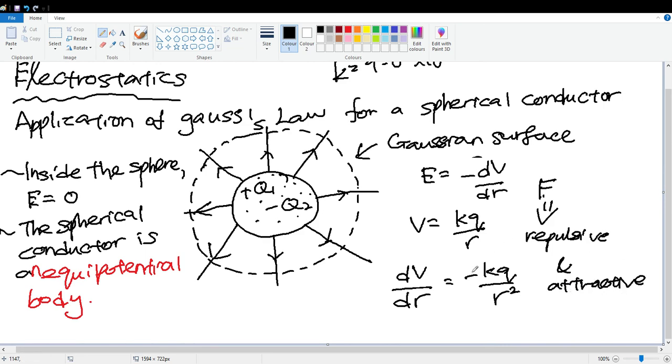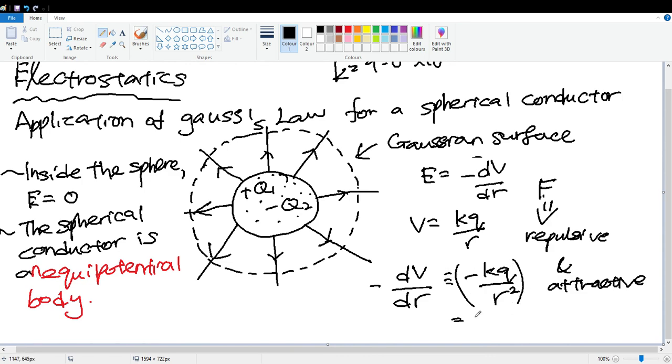So this negative shows us that the electric potential consists only of attraction. So to show that this electric potential can be positive or negative, what we need to do is add a negative.